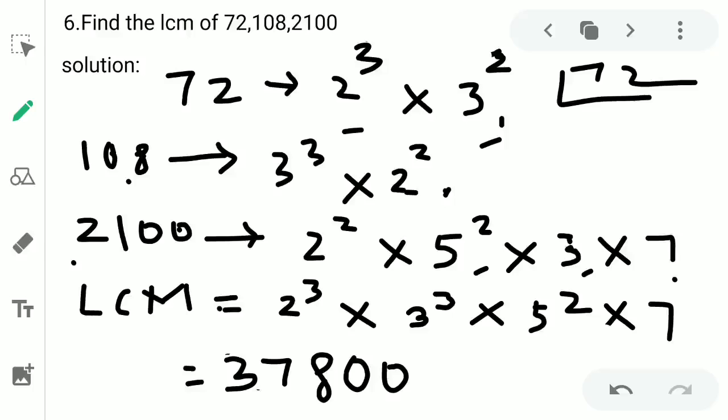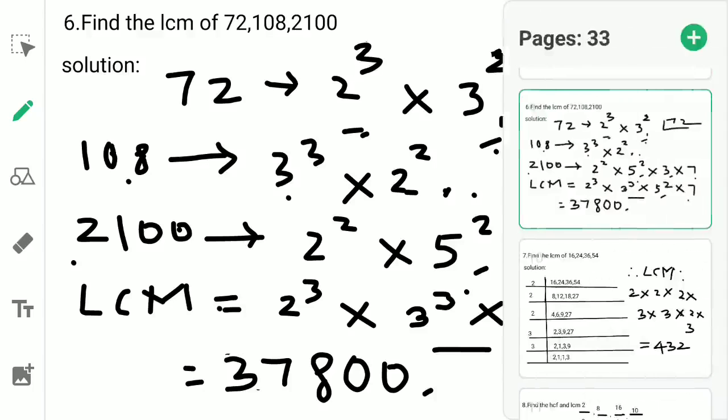For LCM, highest powers only we should take. So in these three, which is common? 2, 3. There is no 5 here and here, only in this we have 5. Okay. 2 cube, 3 cube, 5 square and 7. When I multiply and write, I am getting 37,800 as the answer.